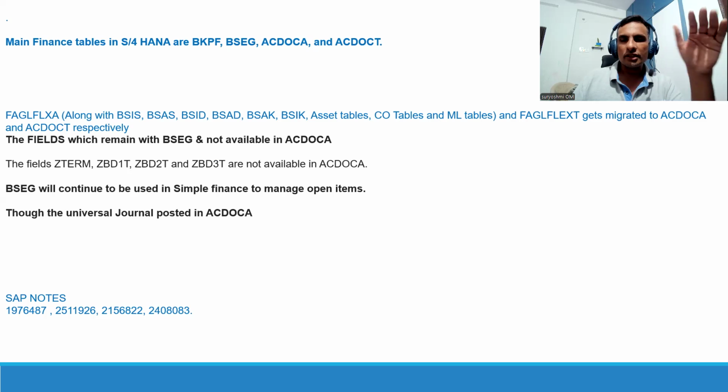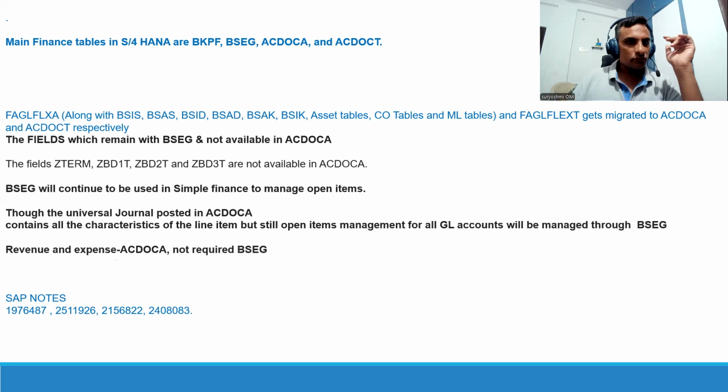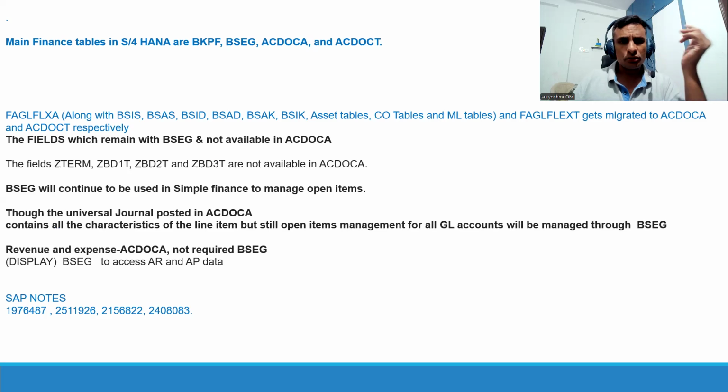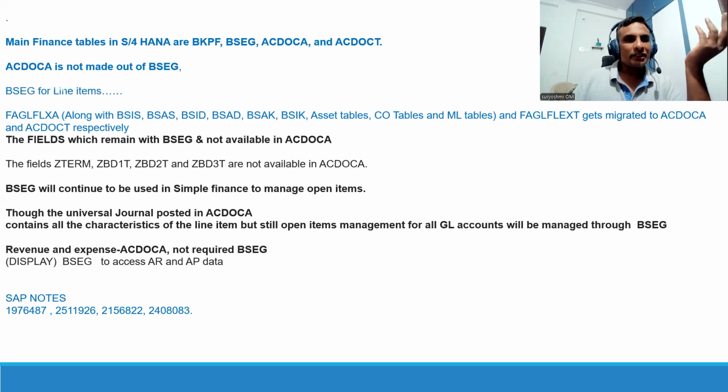Universal journal means that is the new table ACDOCA. ACDOCT is for your subtotals, and revenue and expenses will be specifically in ACDOCA. You don't require BSEG, but still, if you want account payable and account receivable data, you can find it in BSEG. This is the R&D at my side.